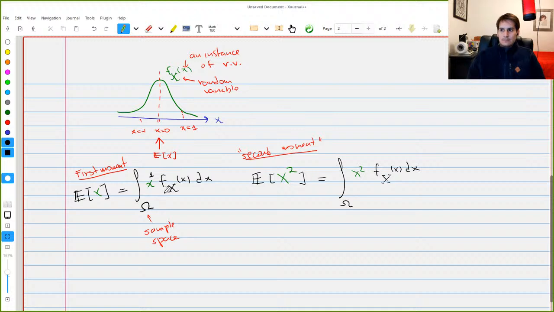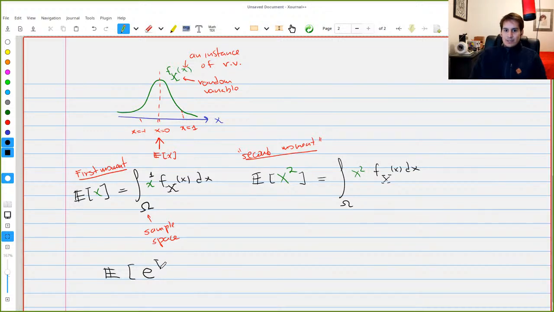I don't remember very well. Do you remember how to obtain the moment generator function? It was an expected value, right? Yes, it's an expected value of e to the power of the variable.